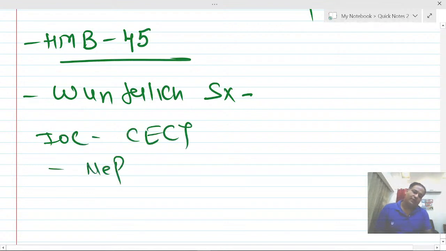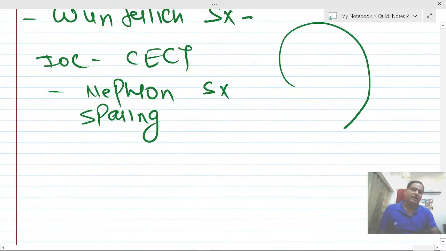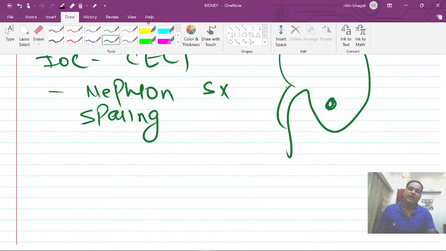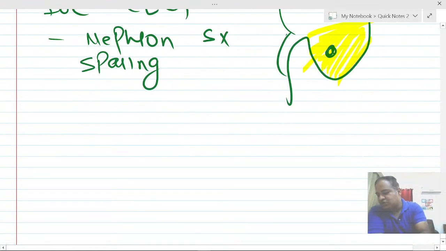Investigation of choice is contrast CT. Treatment is nephron-sparing surgery. That means we don't cut the entire kidney. Let's say this is the part which has the tumor, so we'll cut just this part. That is called nephron-sparing surgery.